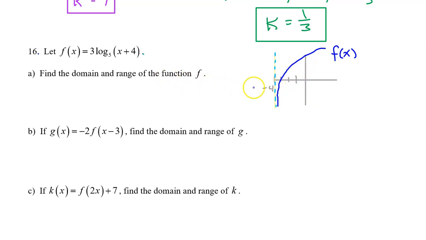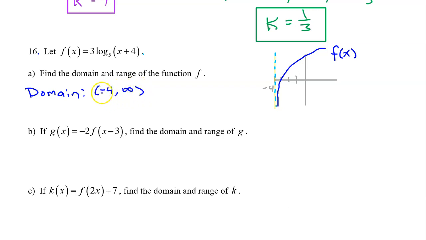The range of a log function is always from -infinity to +infinity, but the domain is dictated by that vertical asymptote. So the domain in this case is from -4 to infinity. I'm going to write this in interval notation, so we will say -4 to infinity.